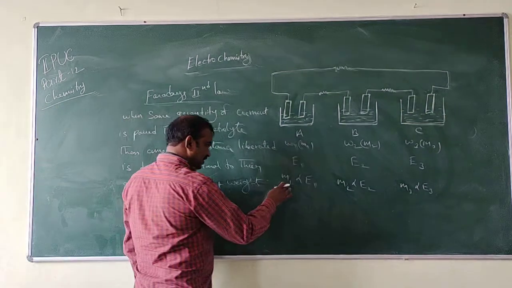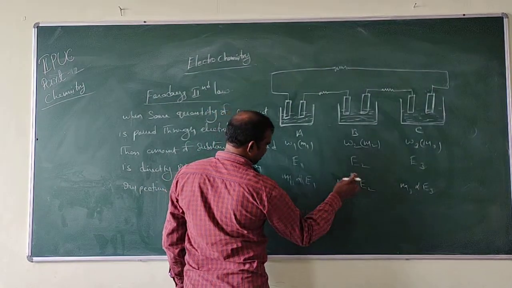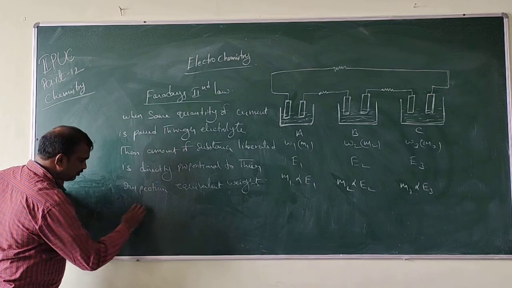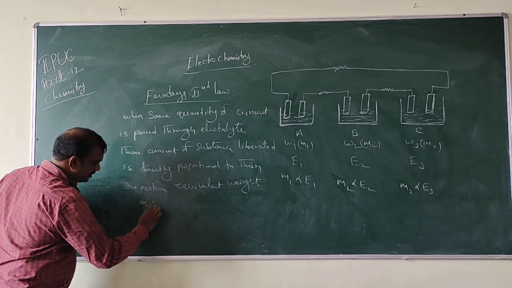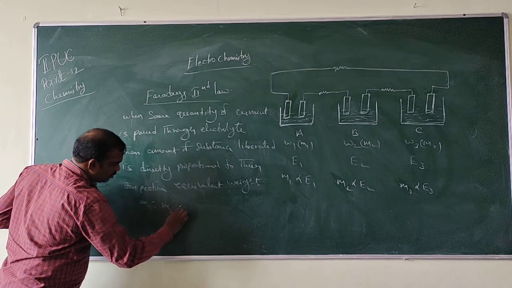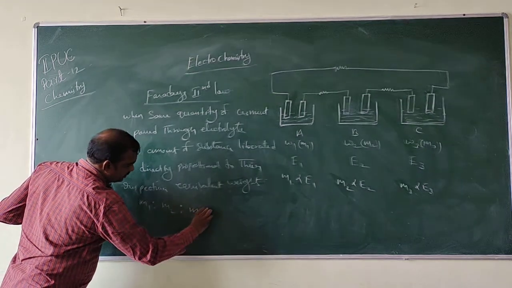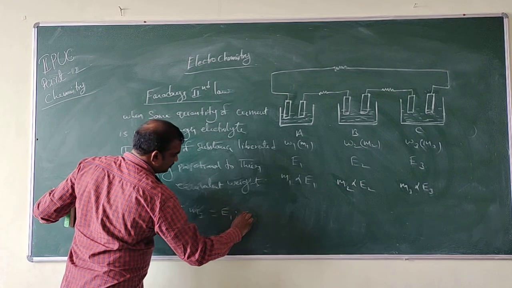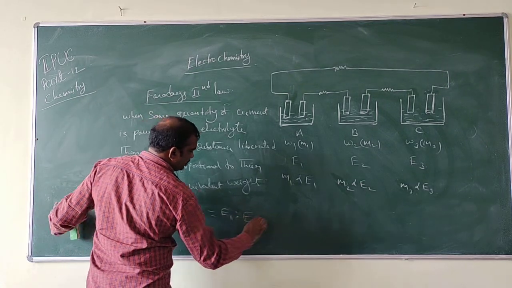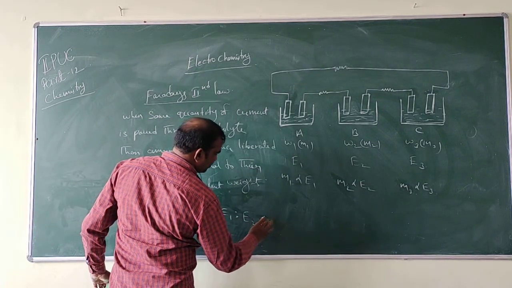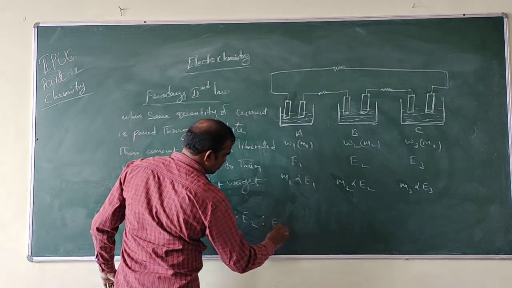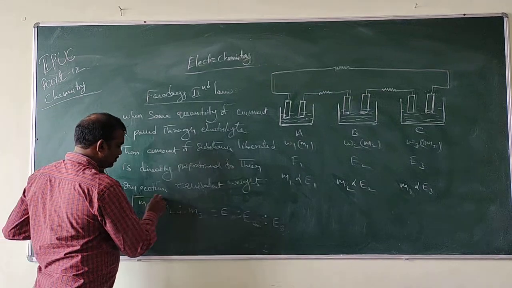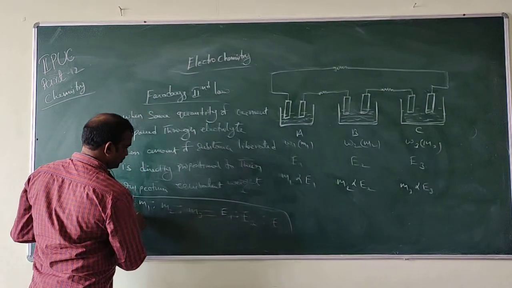That is, M1 proportional to E1, M2 proportional to E2, and M3 proportional to E3. So we can write M1 is to M2 is to M3 is equal to E1 is to E2 is to E3.